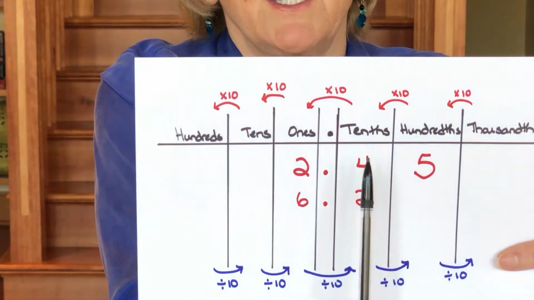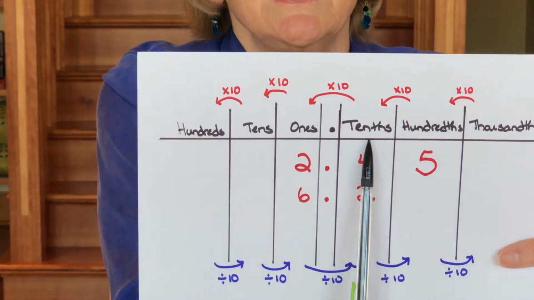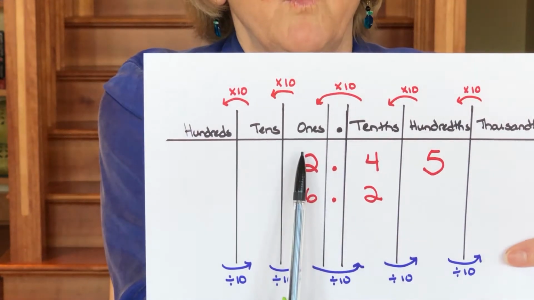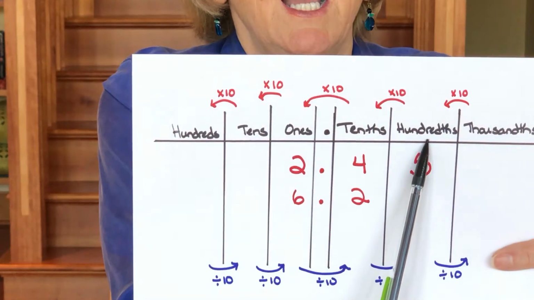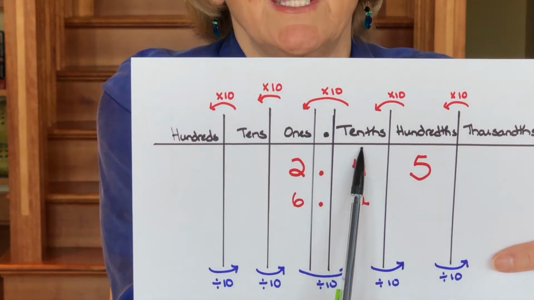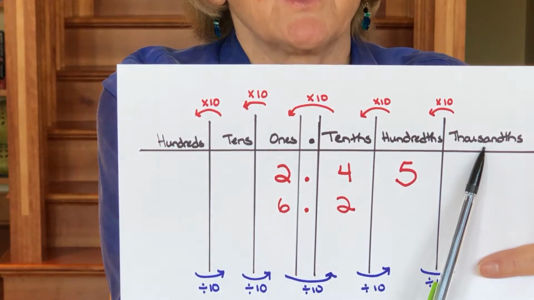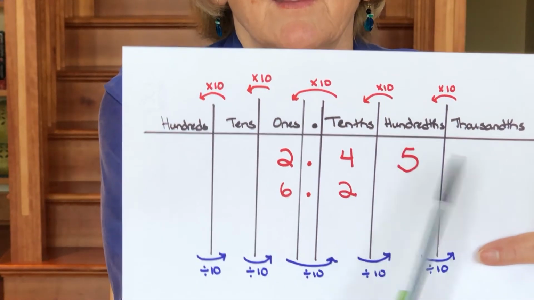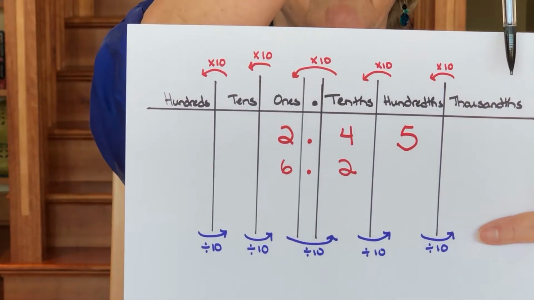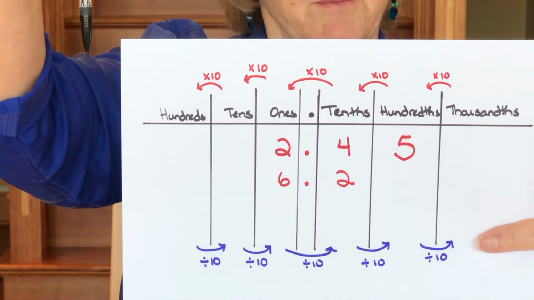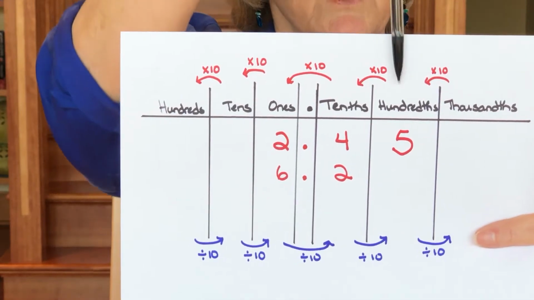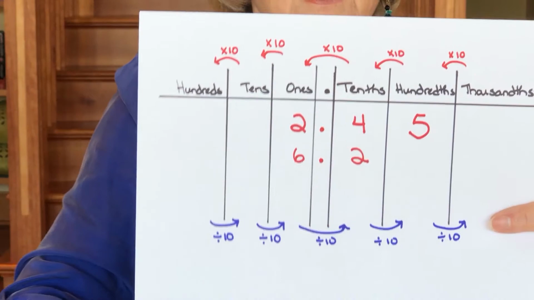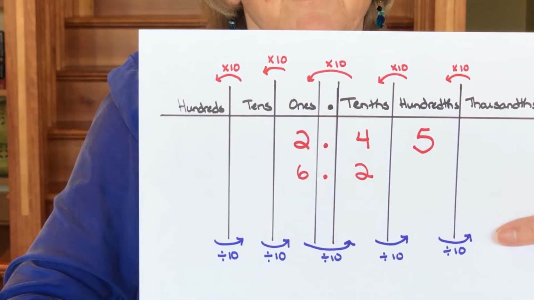If we start to the right of the decimal point with tenths, 10 tenths would equal 1. 10 hundredths equals 1/10, and 10 thousandths is equal to 1/100th. So as we move from right to left in our place value chart, each one of these place values is 10 times greater than the place value to its right.